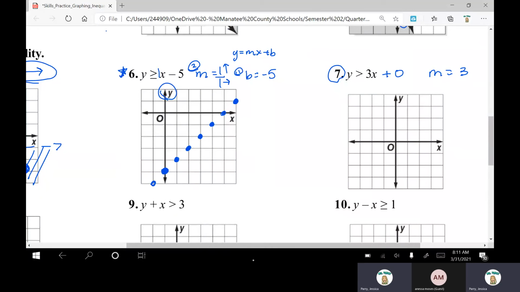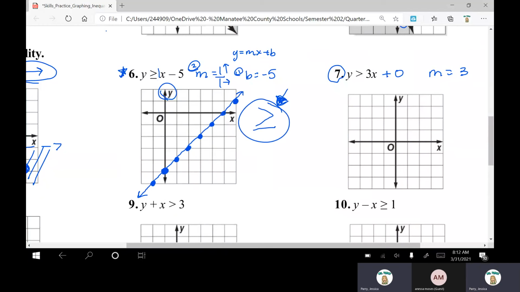Down 1, left 1. And then from there, before you draw your line, double check your sign. We've got the greater than or equal to. This is our symbol here, okay? We have extra ink for the sign, so we need to have extra ink for the line. Solid line going through all those dots.